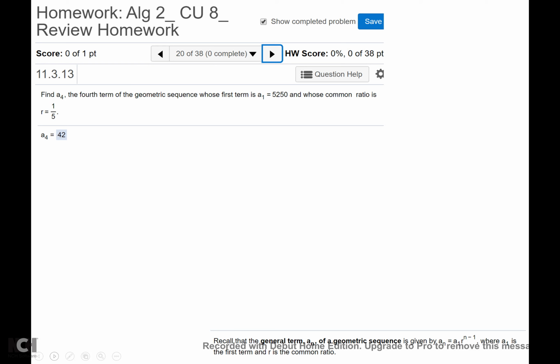Okay, find a sub 4, the fourth term of the sequence, if the first term is 5250 and the common ratio is 1/5. So my formula is a sub n equals a sub 1 times r to the n minus 1. If they want me to find the fourth term, I take the first term, which is 5250.